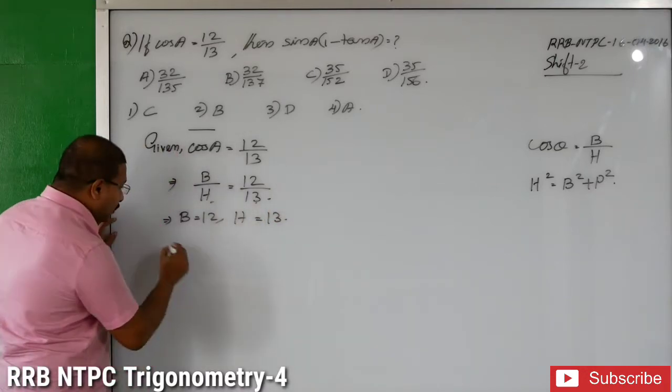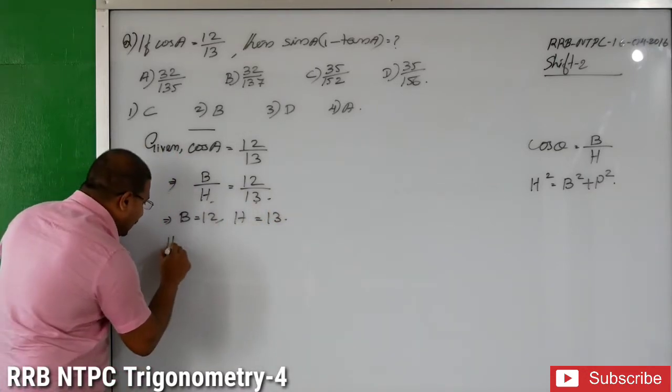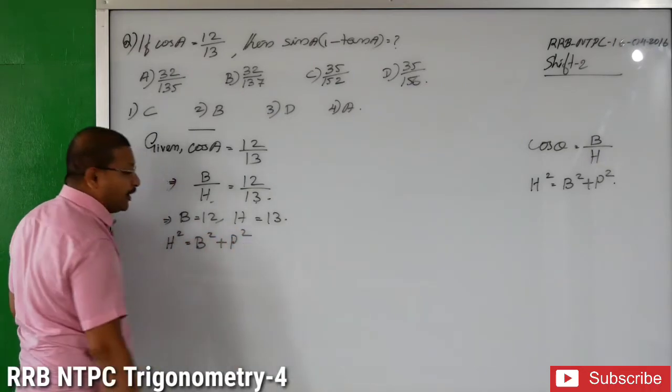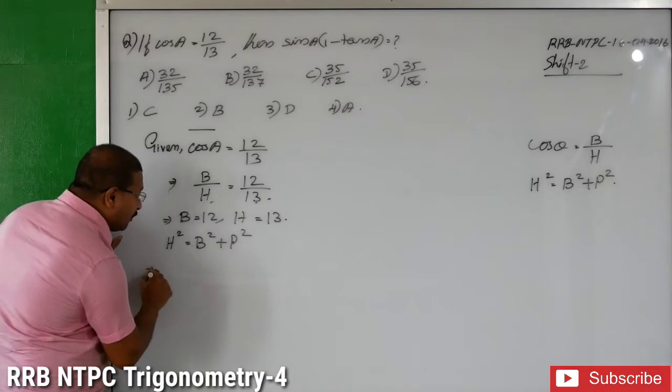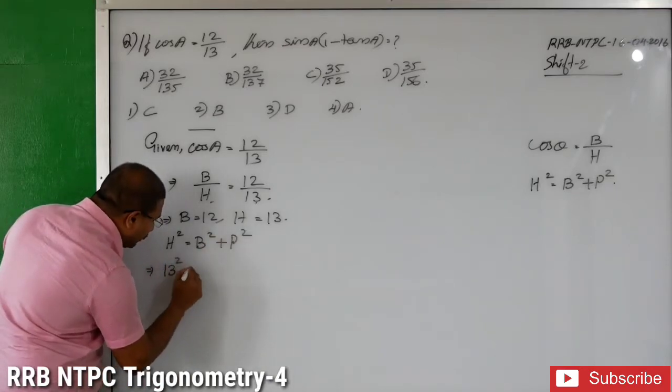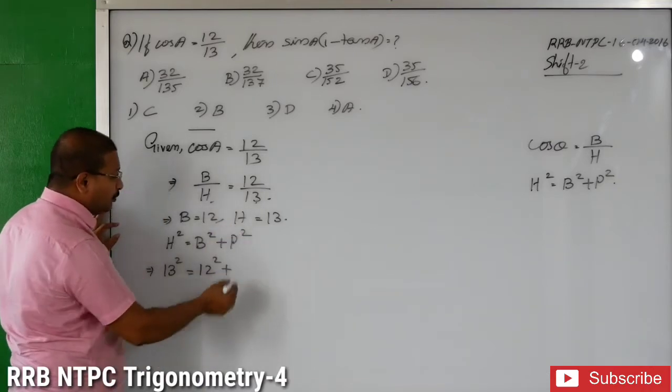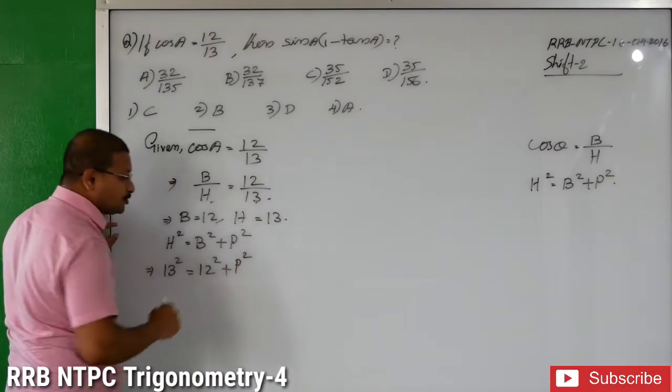Now, by Pythagoras theorem we can write hypotenuse square equals base square plus perpendicular square. What is the value of hypotenuse? 13. 13 square equals base 12 square plus perpendicular, we don't know, just keep perpendicular square.